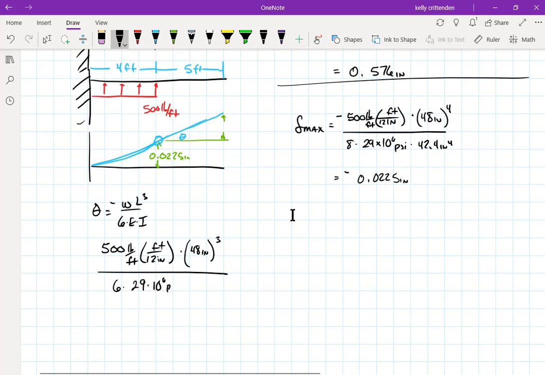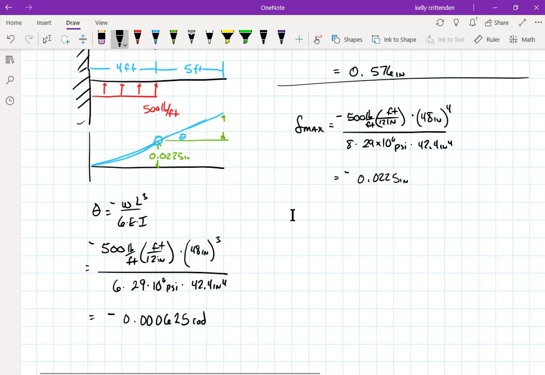E is 29 million and I is 42.4 inches to the fourth moment of inertia, and it's going to be negative in our coordinate system. 500 divided by 12 times 48 to the third divided by 6 divided by 29 million divided by 42.4. All right, negative 0.000625 radians.